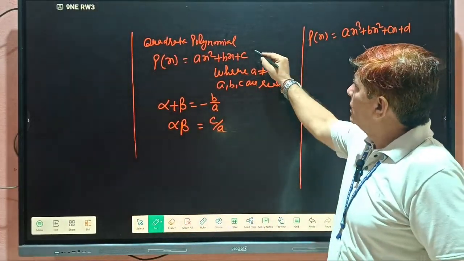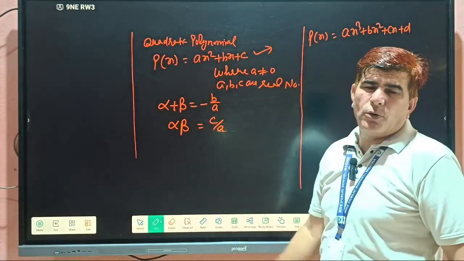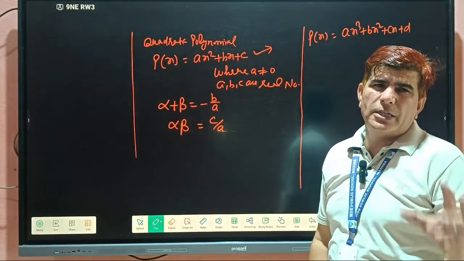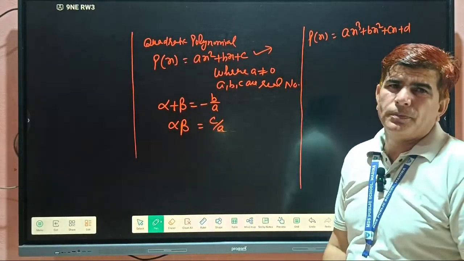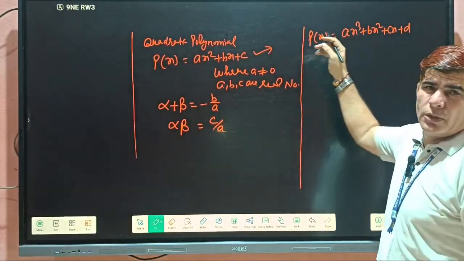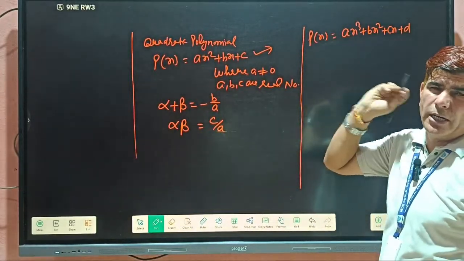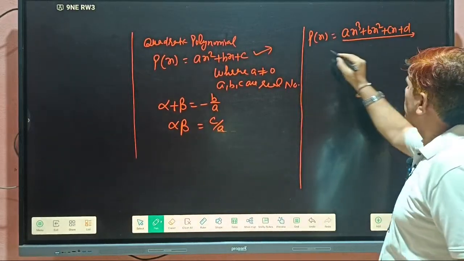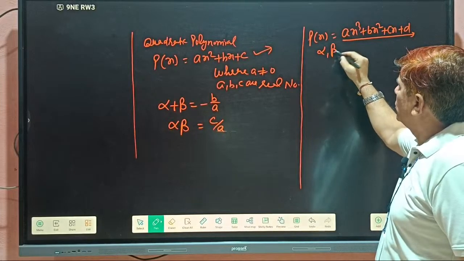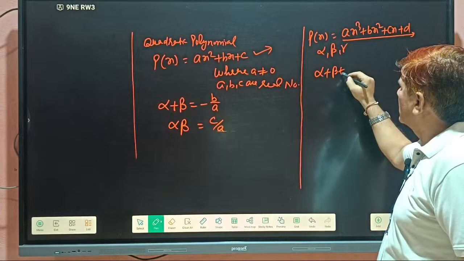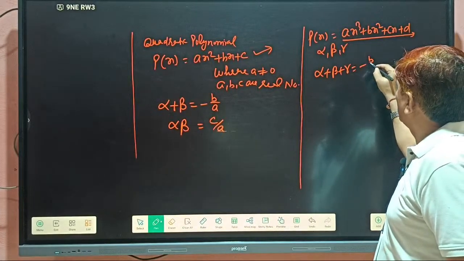We know that if the degree of the polynomial is 2, a quadratic polynomial, then a maximum of 2 zeros exist, not more than 2. So for a cubic polynomial, how many zeros exist? At most 3. With 3 zeros alpha, beta and gamma, alpha plus beta plus gamma is equal to minus b by a.